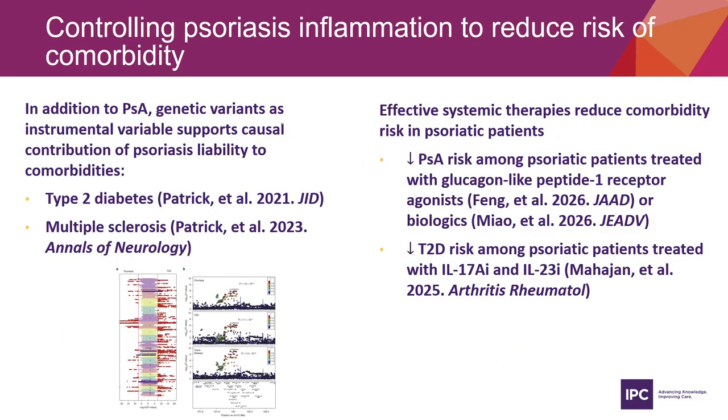In addition to PsA, there are other psoriasis comorbidities that also have complex genetic conditions, like multiple sclerosis and type 2 diabetes. When we use genetic variants as instrumental variables to mimic psoriasis incidence, we find that psoriasis has causal effects on several comorbidities, including type 2 diabetes and multiple sclerosis.